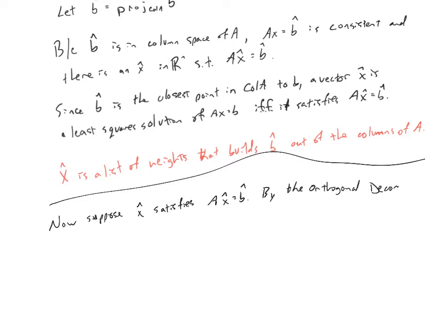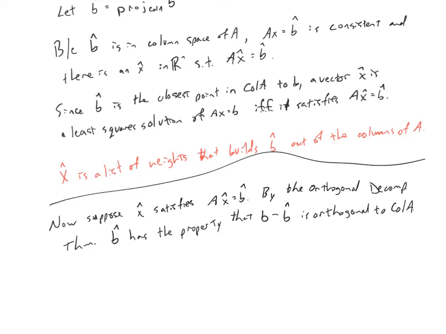B hat has the property that B minus B hat is orthogonal to the column space of A.